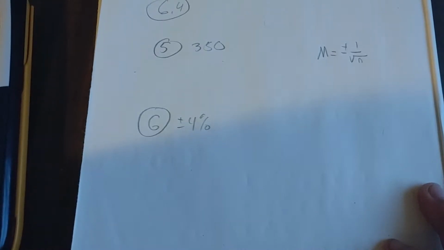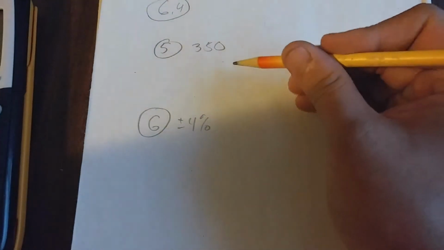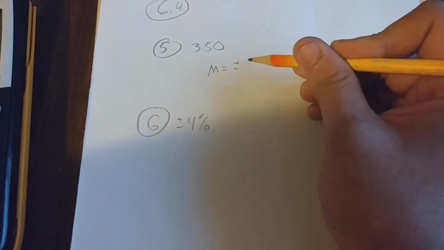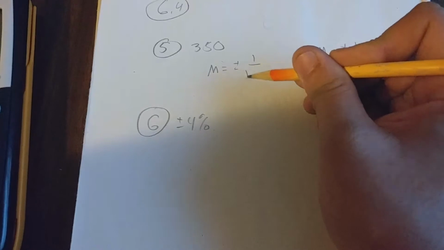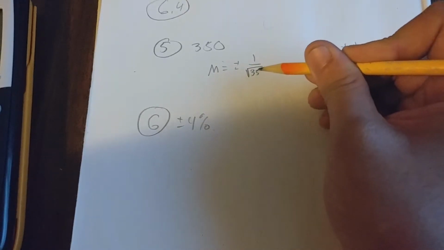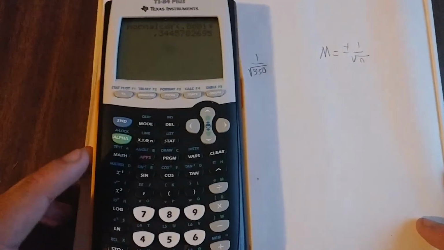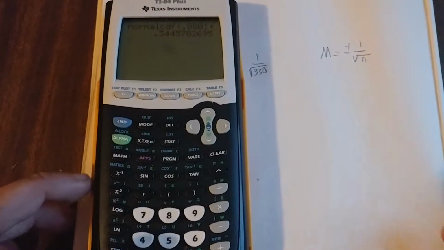350, that is going to be your population. So M equals plus or minus 1 over the square root of 350. Well, literally, if you can't type that in your calculator, look for some help.